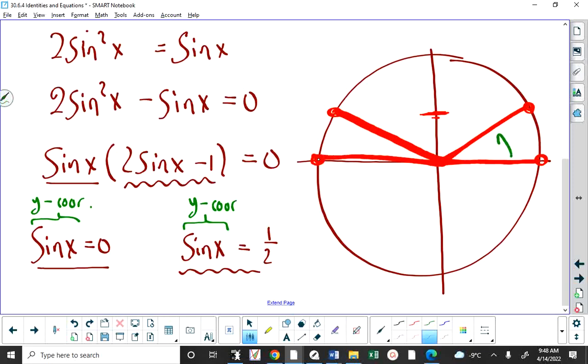The first one is 0. So x equals 0 degrees. Then 30 degrees. Then 150 degrees. Then 180 degrees. And then we could go 360 if it weren't for the fact that the domain doesn't include 360. Any questions with number 2?